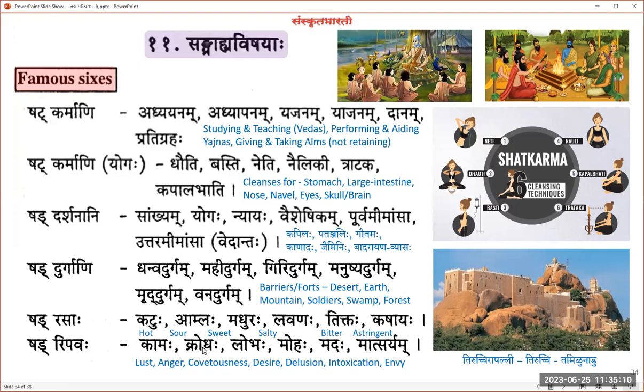Krodha is the anger that is generated. Matsarya is the envy. Lobha leads to Matsarya: when you fail to get what you want, envy is the result. Jealousy, correct.